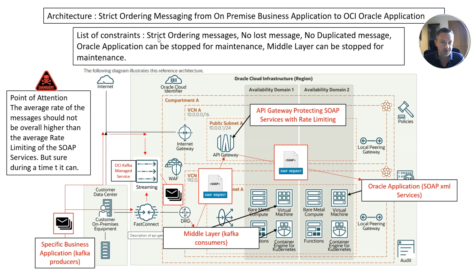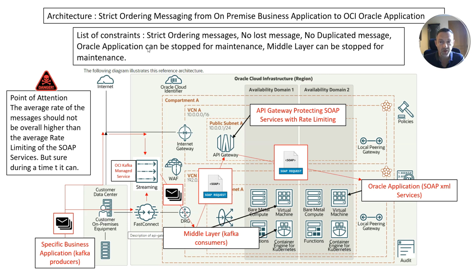What are the constraints? First, strict ordering of messages. It's very important that messages are ordered, and it's very important to call the SOAP service keeping the order. Another constraint, no lost message, no duplicated message. You should not send the information twice.